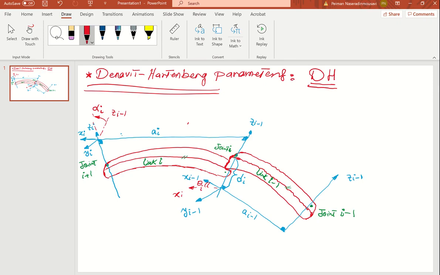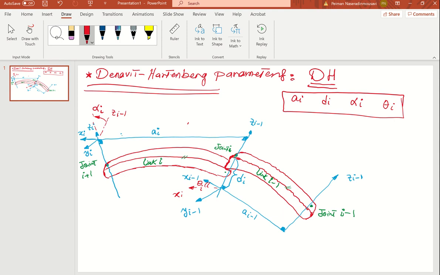So now you have four parameters: ai, di, alpha i, and theta i. I'm gonna define, okay. So these four parameters you have to develop for any robotic system. The name is Denavit-Hartenberg parameters or DH parameters. Okay. Eventually, I will let you know why we are developing this.